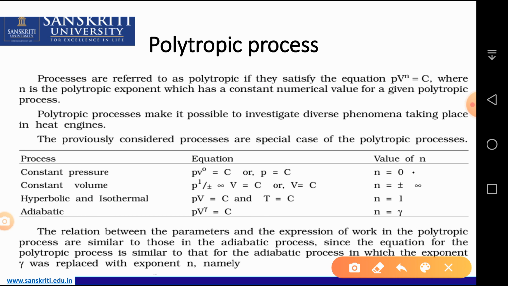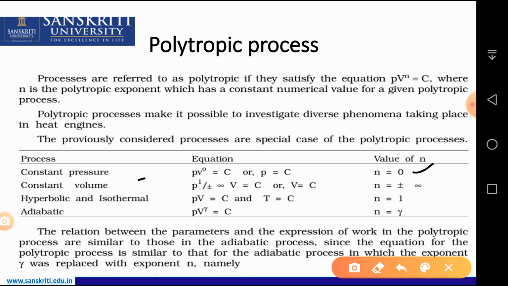When the poly index is equal to 0, that means it is a constant pressure process. Or if the value of n equal to infinity, that means it is a constant volume process.